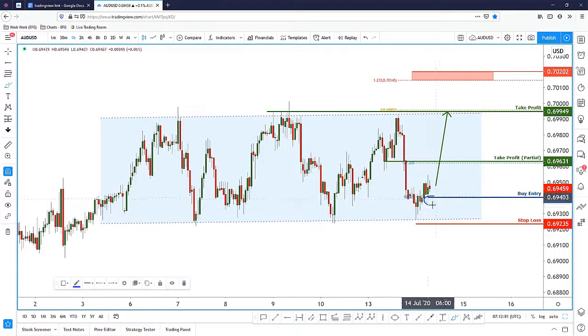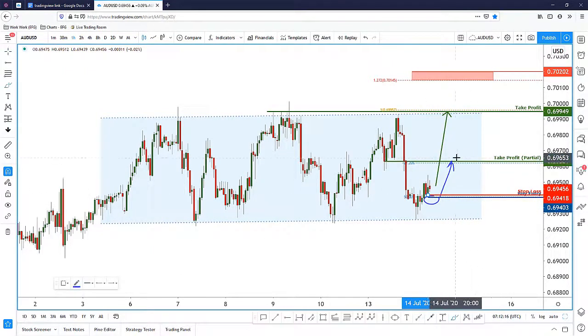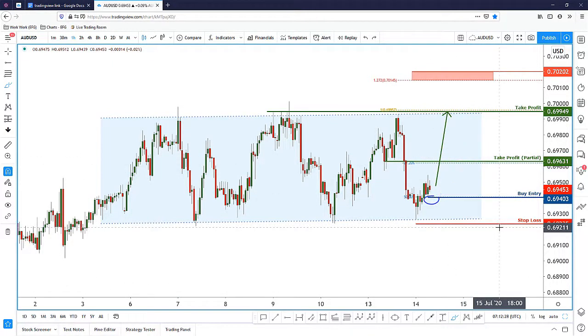I'll buy over here on the pullback, and once price reaches the partial take profit, I'll close out about 50 to 75% of my position, move my stop loss to break even somewhere over here to protect, and let the remaining 25% of the position run all the way to the top. Even if price comes back and takes me out, I do not have to worry because I'll have already taken a huge chunk of profits here.